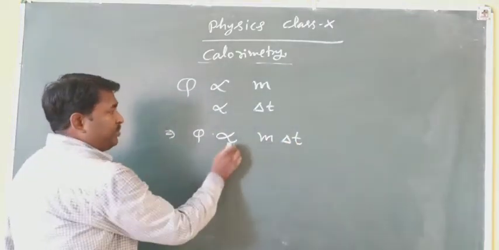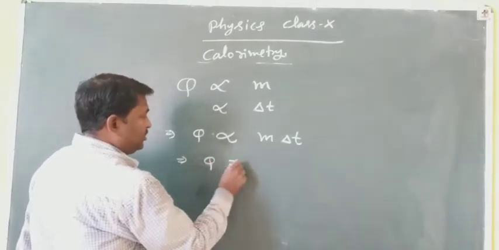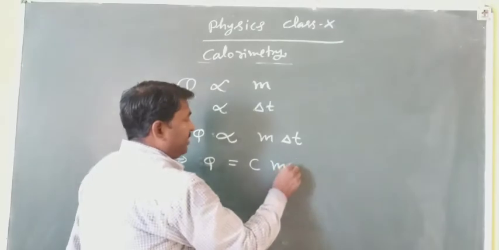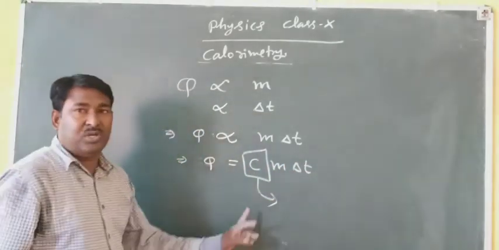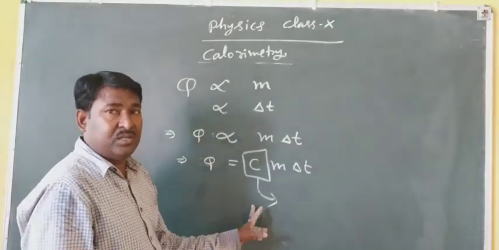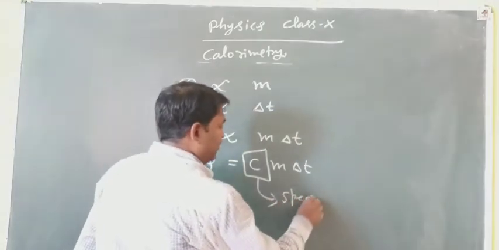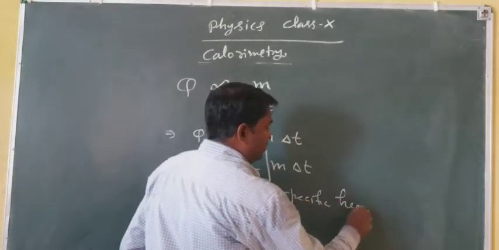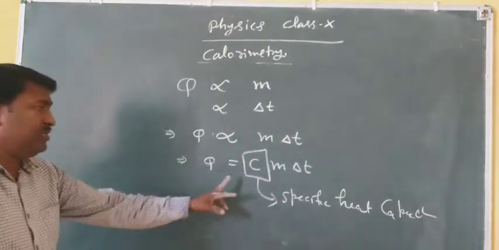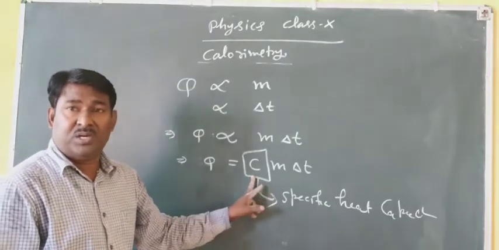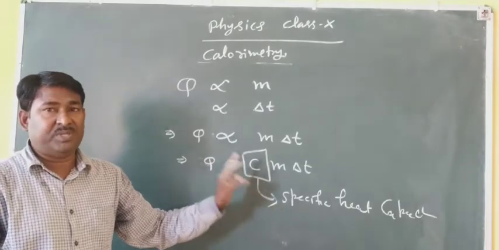Now if we remove the proportionality sign, then this will be equal to C times m times delta T, where C is a proportionality constant and known as specific heat capacity. This C is a proportionality constant known as specific heat capacity.